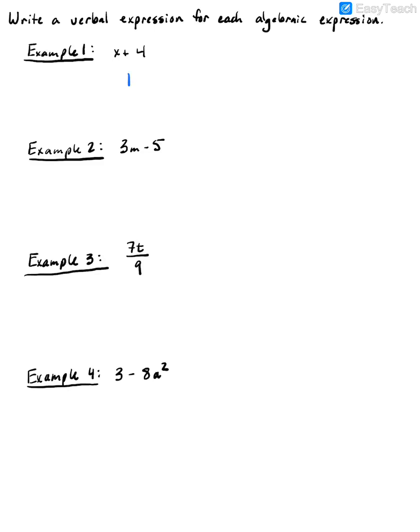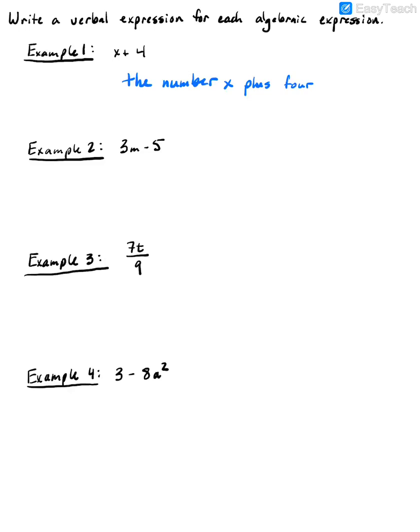So the number x, and then you can use, this is where the Math Into Words sheet comes in, plus, more than, increased by, but I'm sure most of you will take the short, easy way and say plus. You could also say added to, stuff like that, okay? I'm just trying to show you that there are multiple ways of writing the same thing. So there are multiple correct answers when we're doing these, okay?